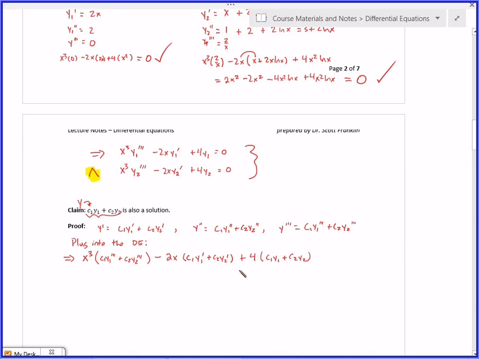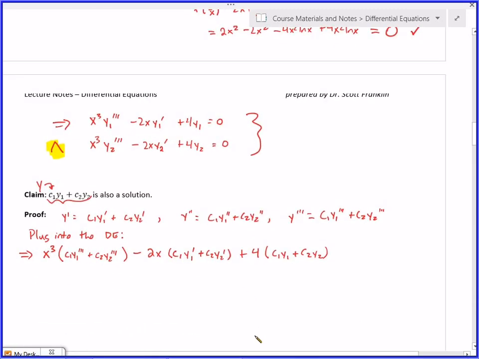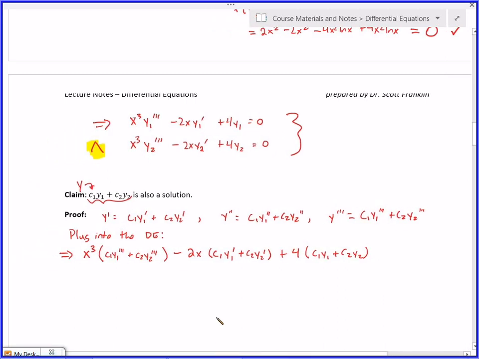Okay. Now I'm going to do algebra. Take the x cubed, distribute it, 2x, distribute it, and the 4 and distribute it. Then I'm going to put all the y1s together and all the y2s together, and then I'm going to factor out all the c's.